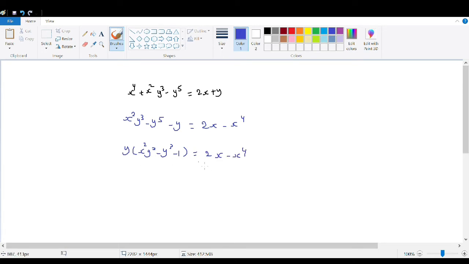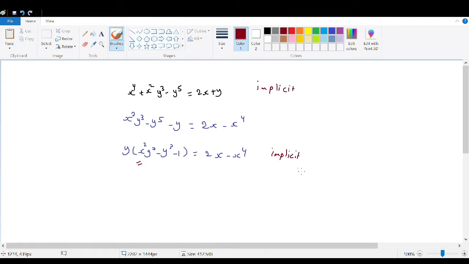So we cannot rewrite this function as a function of x only, because here we have x^2, and we cannot take this x^2 to this side. And also if we divide both sides by this bracket, we will have a mixed function, which is a function of x and y. So this one is implicit, and once we rewrite it, we also get an implicit function.